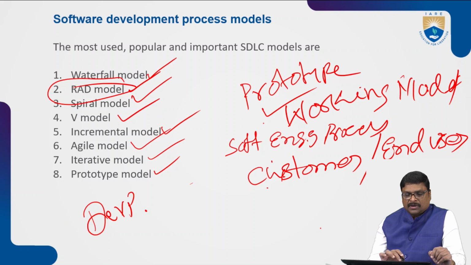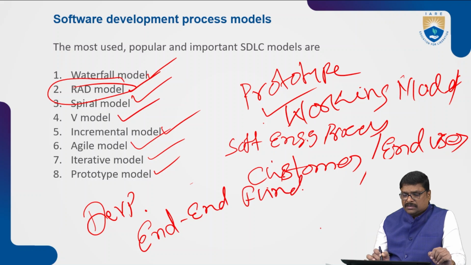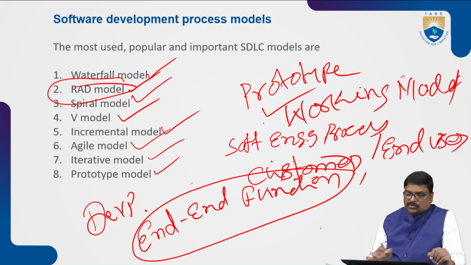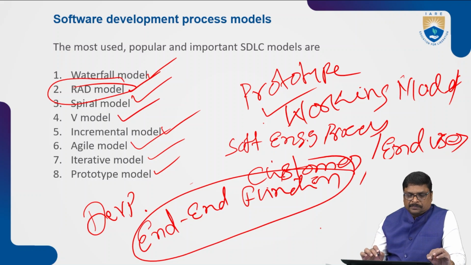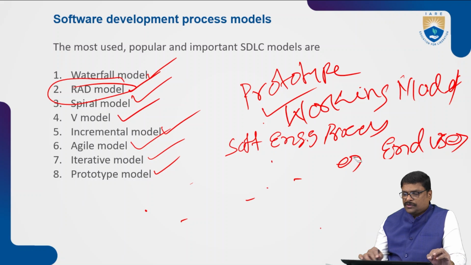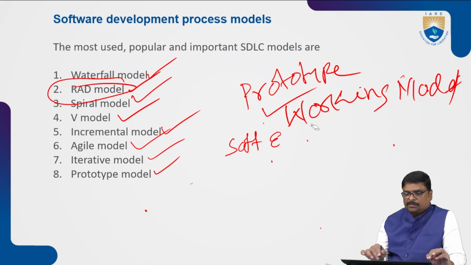A prototype is really helpful to the customer to see how the system is working, the end-to-end functionality. That's the reason the customer insists we prepare a prototype before we start developing any software product. So these are the most popular process models which we use in software development.